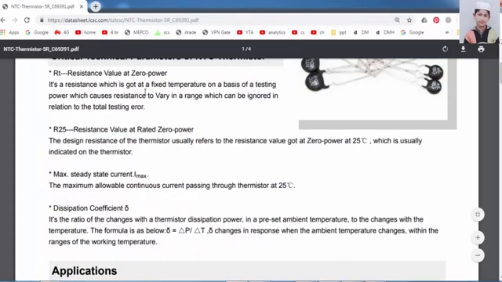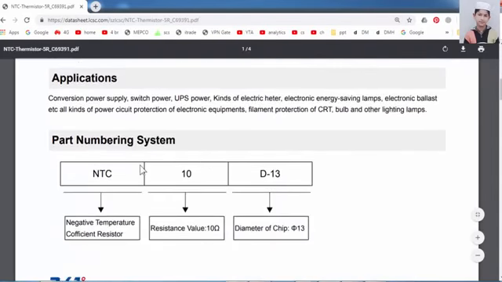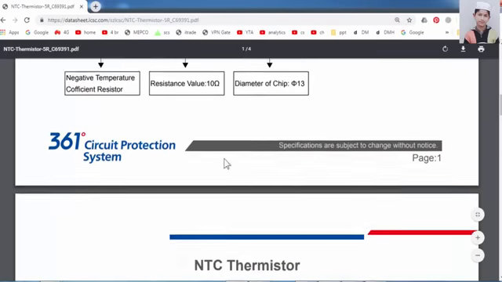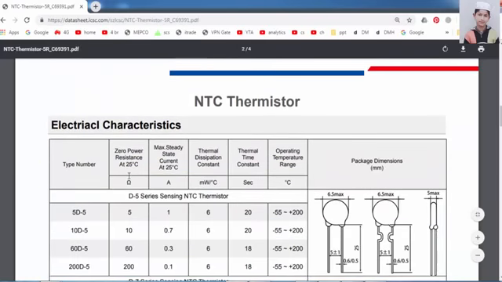In the data sheet there are many abbreviations, RT or room temperature. When we see the part number, it is NTC, negative temperature coefficient resistance. The first digit 10 is the value of the resistance for the component, and the last D9 is the package style and size of the chip.